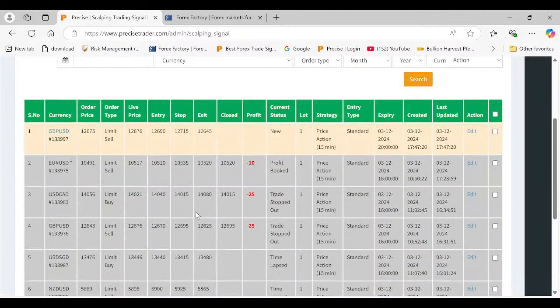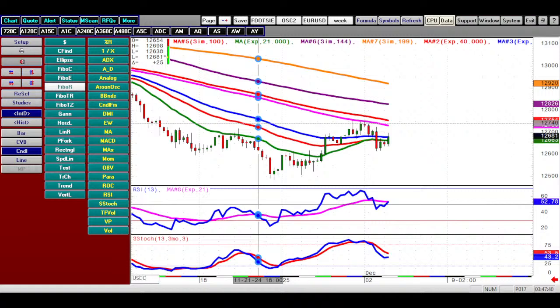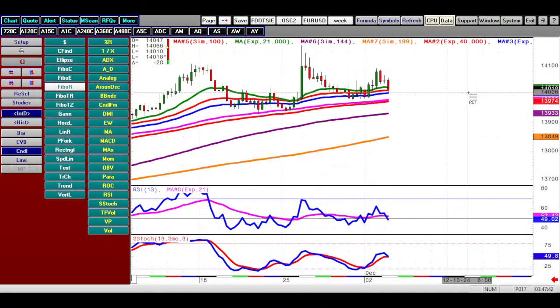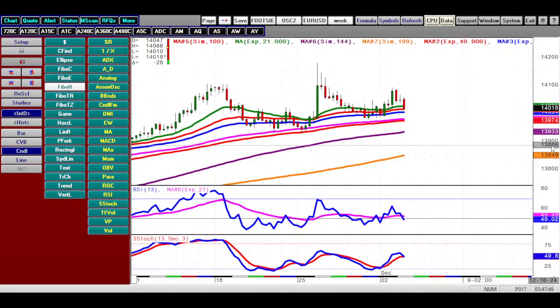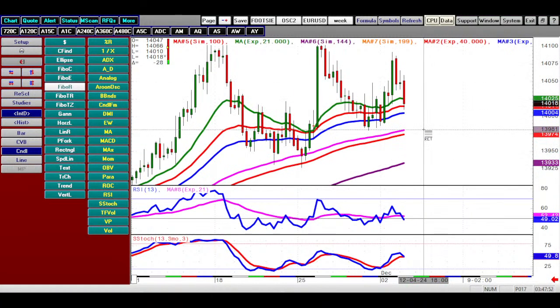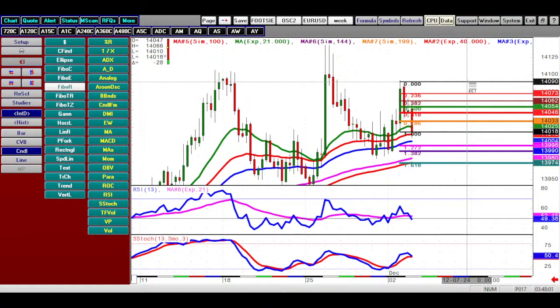Then we have the dollar cad. I think we also got stopped out on dollar cad. So let's see what the status of dollar cad is. Okay, I think we are not that confident on dollar cad.